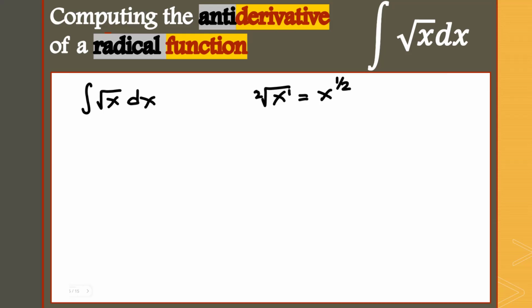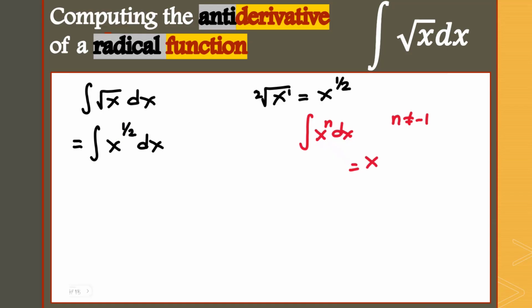So this is just equivalent to the integral of x to the power of 1/2 dx. With this, it now fits the criteria of the power rule, which tells us the integral of x to the power of n dx, where n is not equal to -1, and in this case it's just 1/2, is equivalent to x to the power of n plus 1 over n plus 1 plus c.